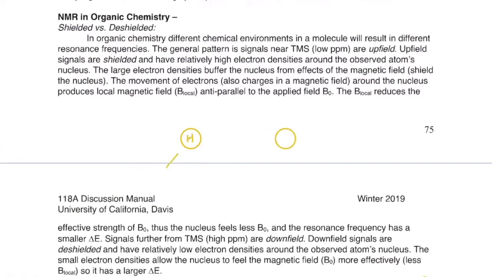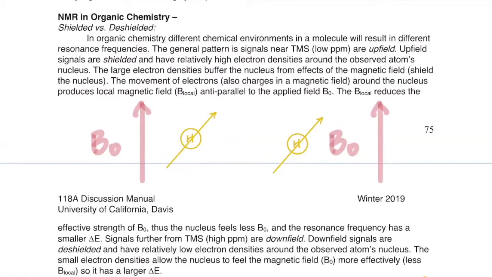So, shielded and deshielded. My proton was pointing in this direction previously. Of course, since I need to compare, I'm going to draw the same proton. Now I manually apply the same B naught field. My proton would want to form something like that. If I have a lot of electrons around me, what would happen? Although I'm applying the same B naught, you can think of it as having a lot of friends next to you.